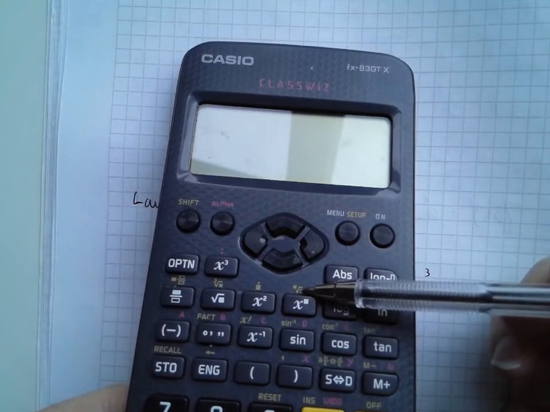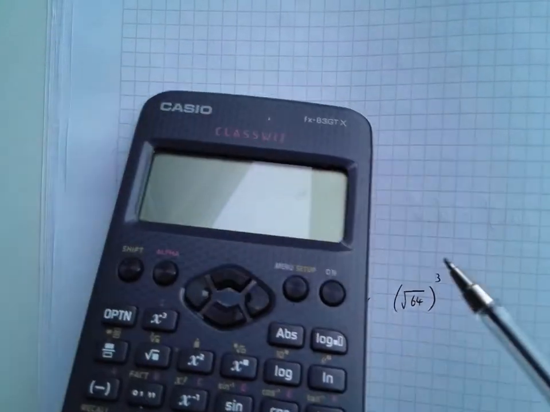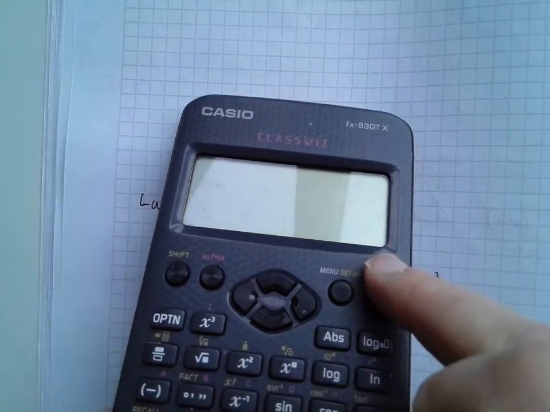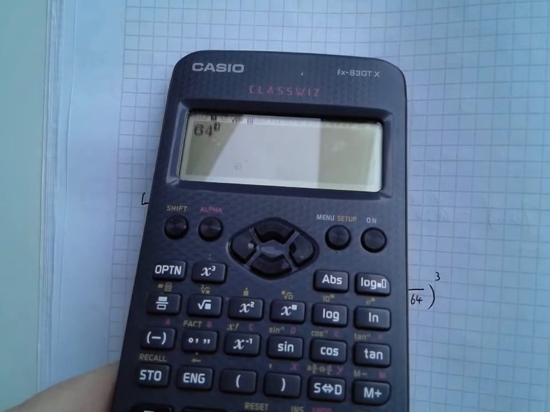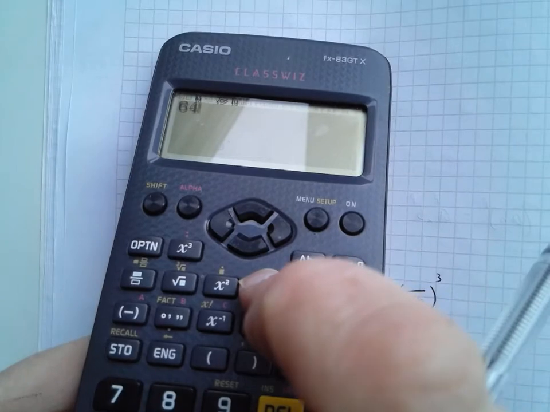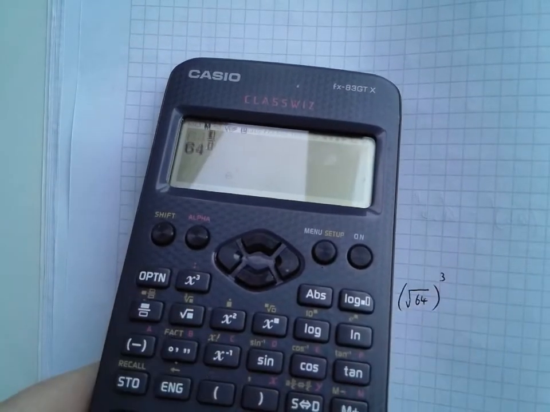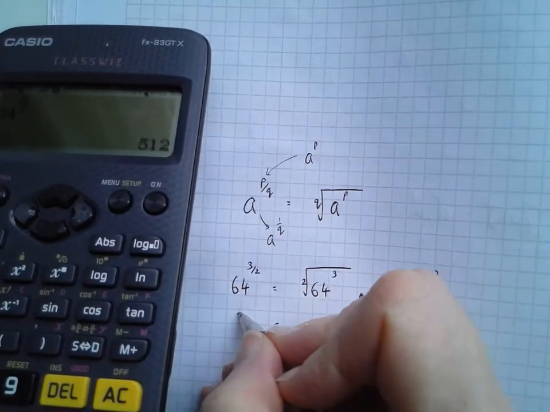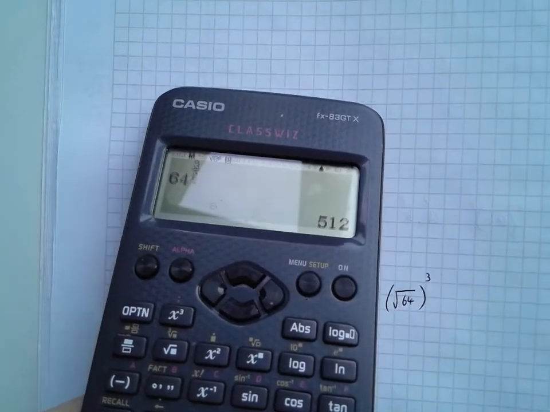So let's just see, 64 to the power of 3 over 2. 64, x to the power of button, and in this case I'm doing a fraction, 3 over 2, equals 512. Okay, 64 to the power of 3 over 2 is 512.